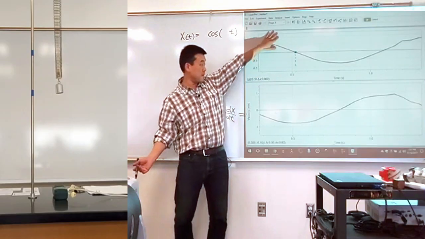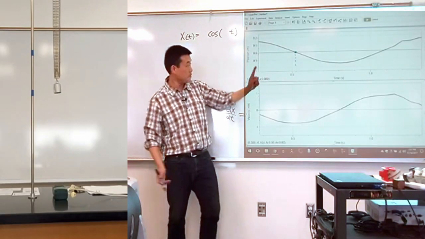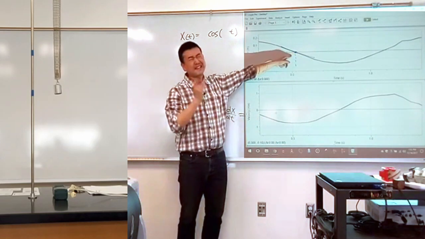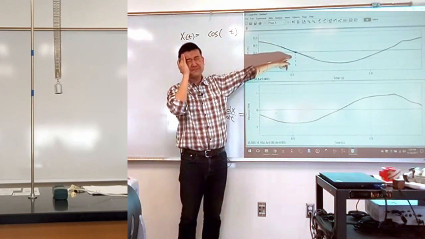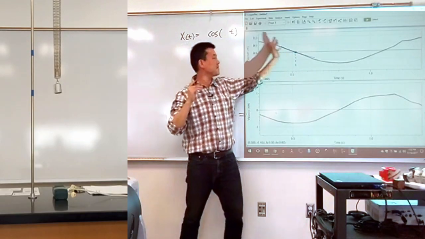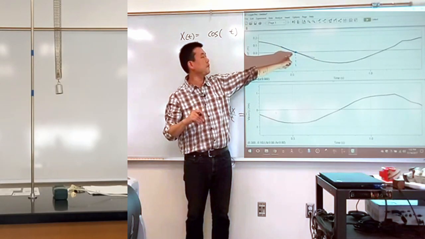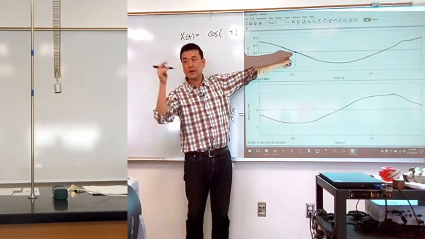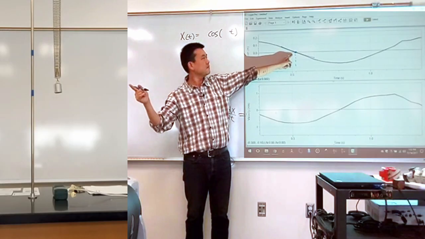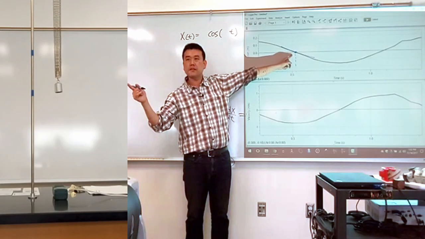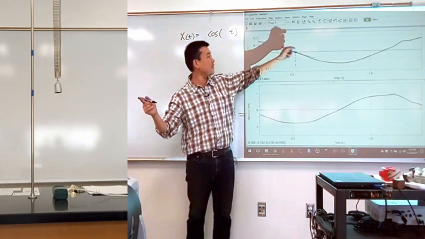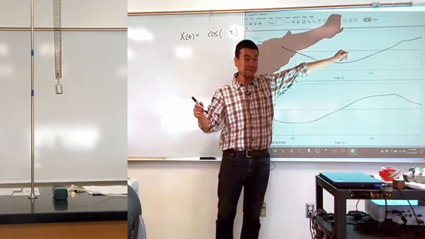Now we can actually look at the kinematics. So look at the slope at this point. In calculus you call this an inflection point. That's where your concavity is changing. This was concave down, and here it becomes concave up.